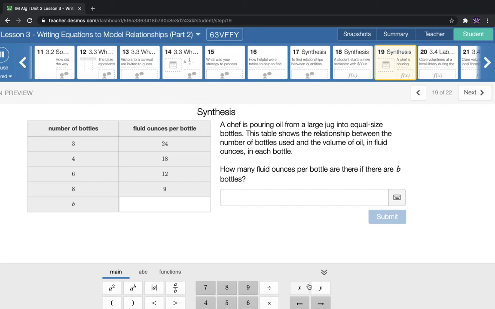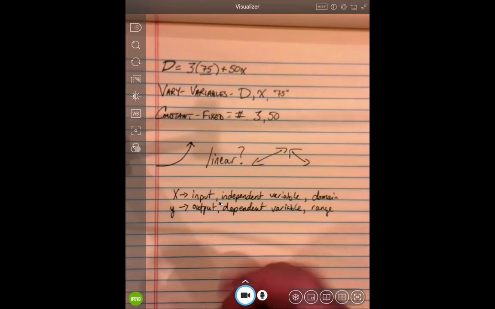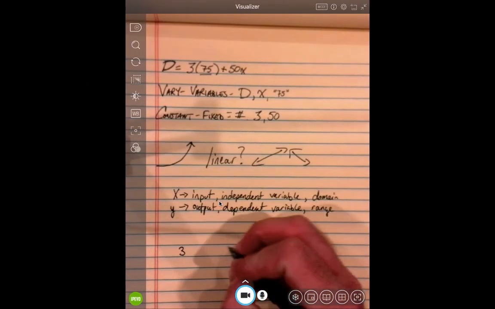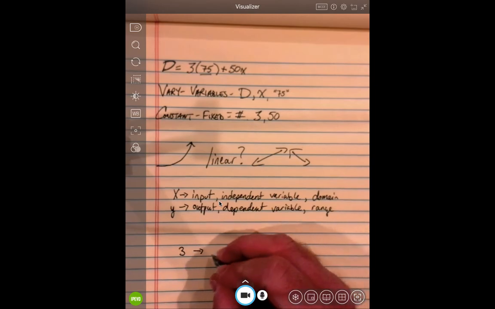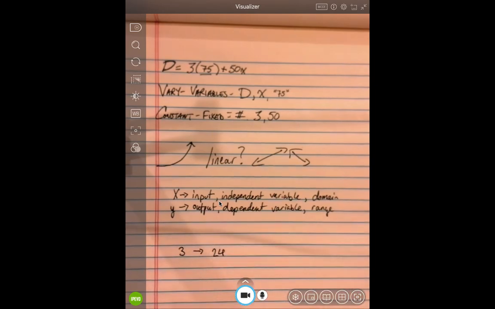So we look here, okay, and one thing you can do is we see here, it's still the same amount, right, of fluid ounces. So guess what? I'm going to swipe over, we see that we have 3 bottles and 24 fluid ounces. Okay, 3 bottles, and that gives you 24 fluid ounces in a bottle.